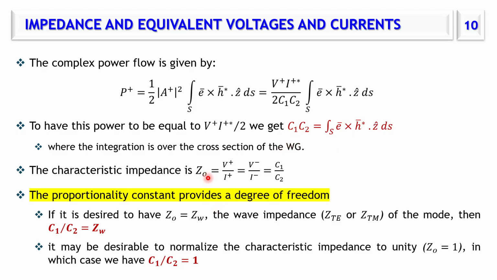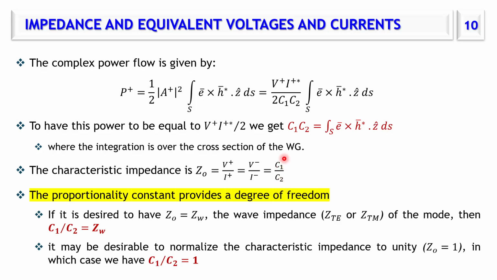The third condition is related to the characteristic impedance. We can define the characteristic impedance as V plus over I plus or V minus over I minus, which will give us C1 over C2. So based on that, we have C1 multiplied by C2 equal to this integration, and C1 over C2 equal to the characteristic impedance, and this proportionality gives us a degree of freedom.